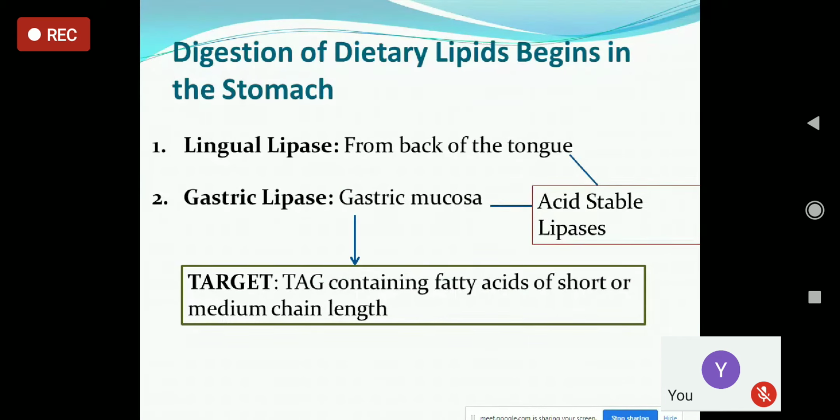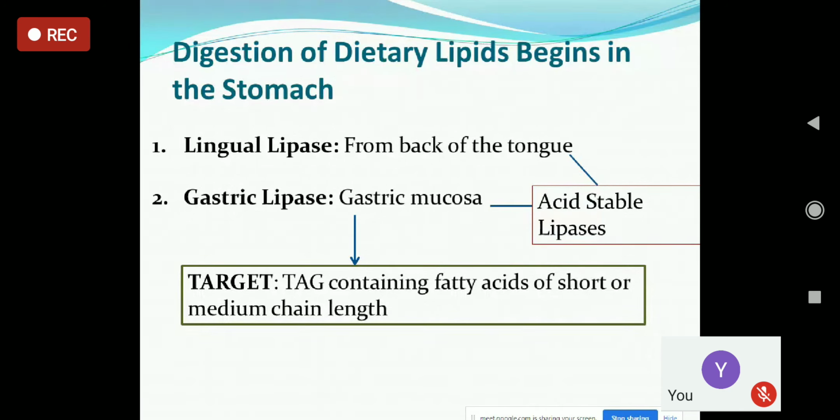Same as in case of protein, fat digestion is not there in the mouth because the saliva does not have any lipase. The digestion of lipids begins when the food reaches the stomach and it is catalyzed by the enzyme lingual lipase.